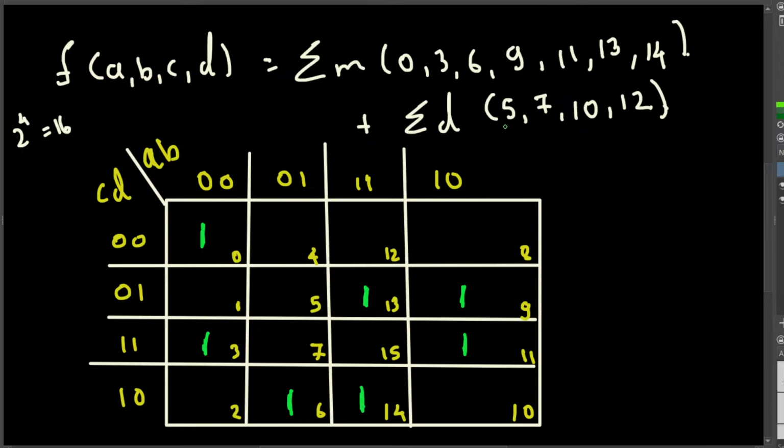And the don't cares are at 5, 7, 10, and 12 right here. The others are going to be 0.